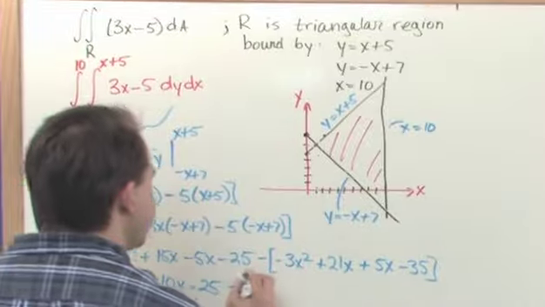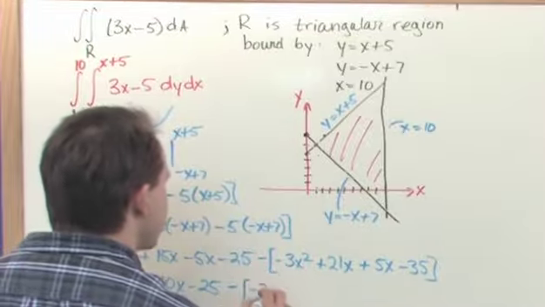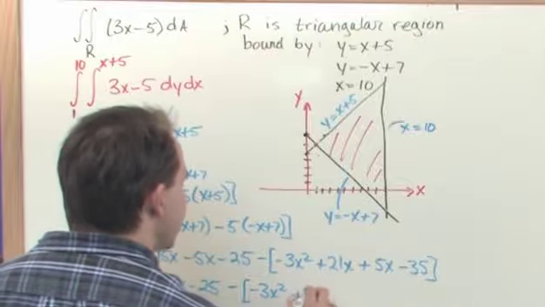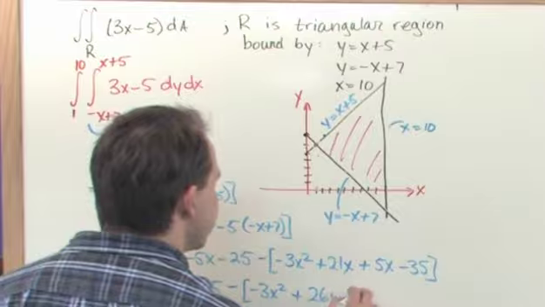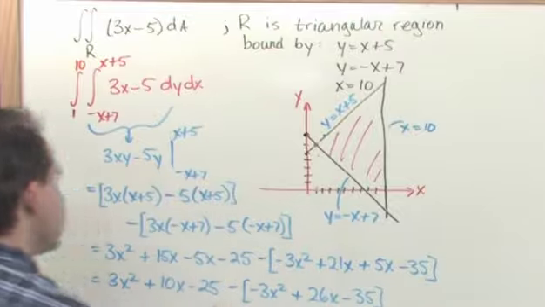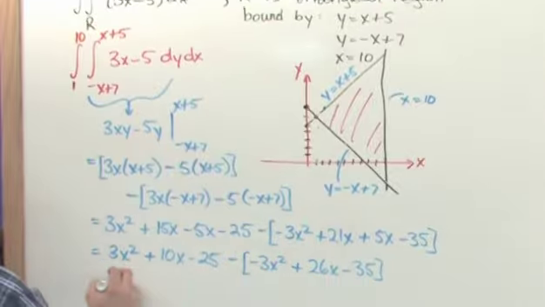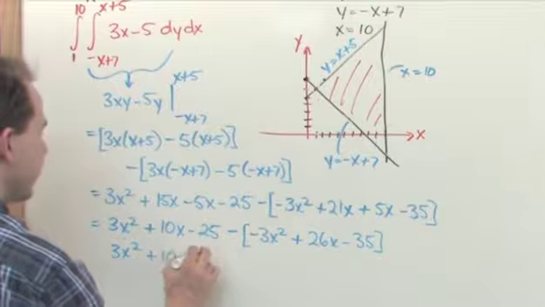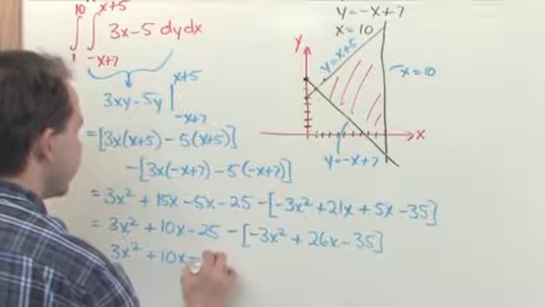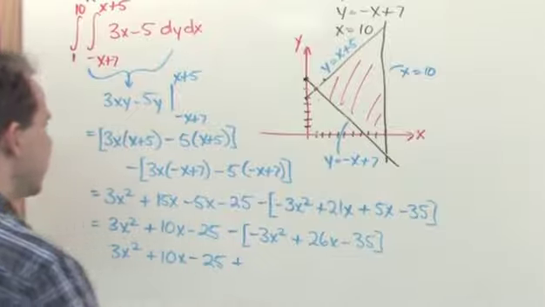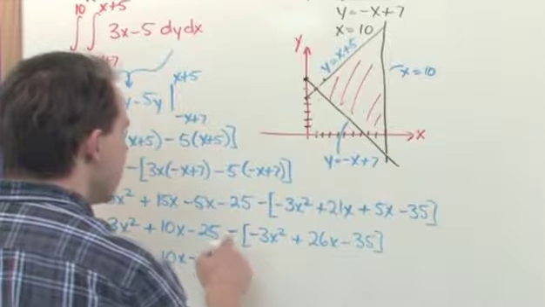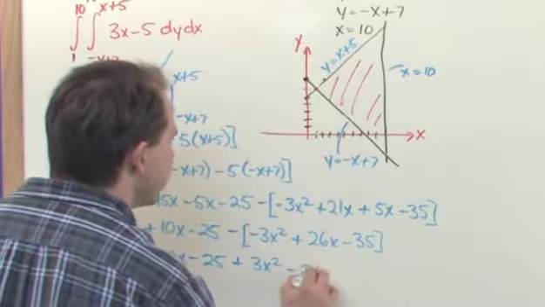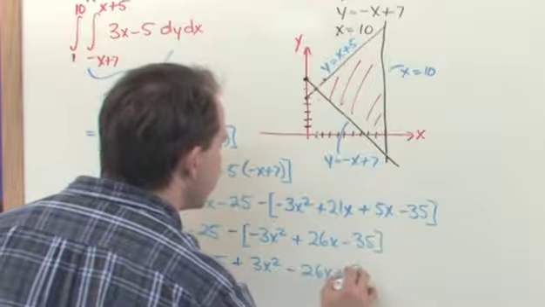Inside of this bracket, I'm going to have negative 3x squared, 21 plus 5 is 26x, minus 35. Now the only thing I'm going to do is distribute this negative sign, and I'm doing this one step at a time because I know from experience that trying to distribute too many negative signs at once is just going to lead to confusion and get you the wrong answer. So that's plus 3x squared minus 26x plus 35.